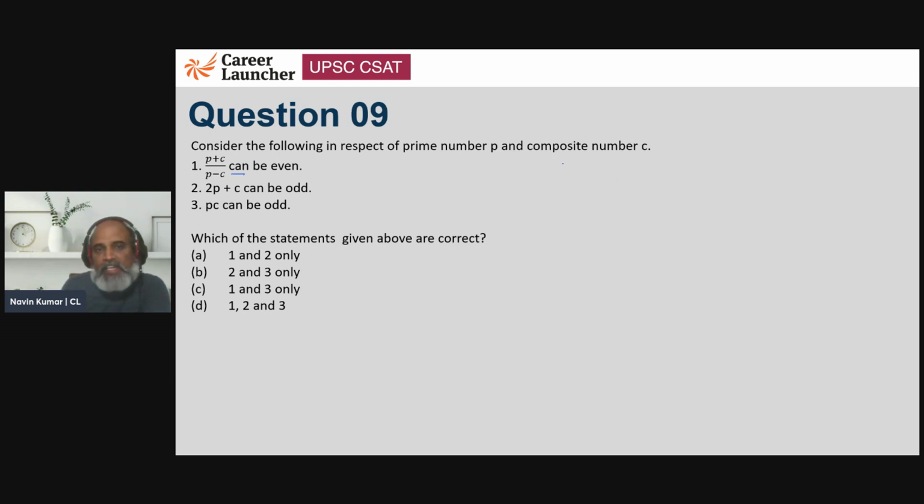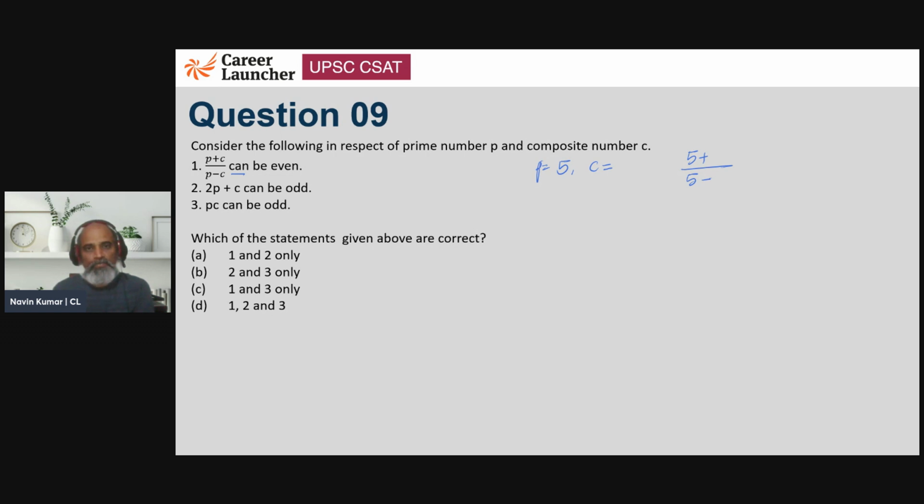So let's take P as 5, a prime number, and C some composite number. We want 5 plus C divided by 5 minus C to be even.